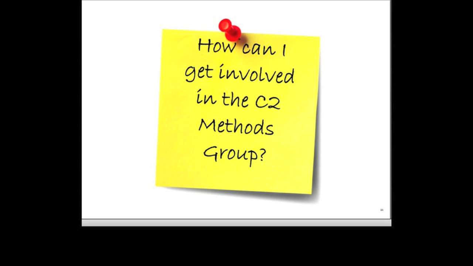Yes, thanks, Sean. Great question. There are a couple of ways that you can get involved with the methods group. The first is you can email myself or one of the other members and request to be added as a member or an affiliate.